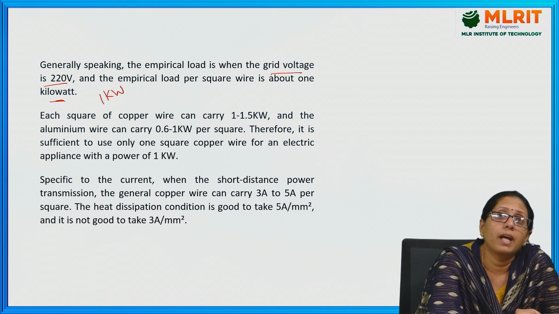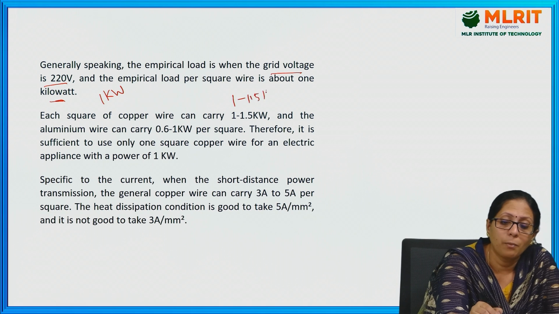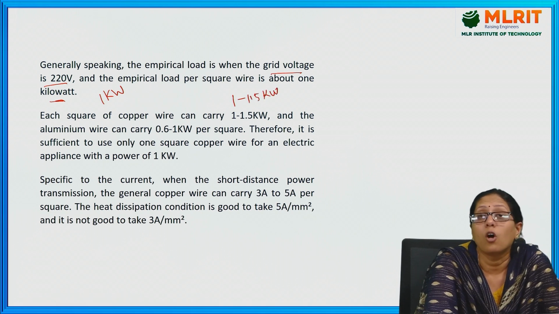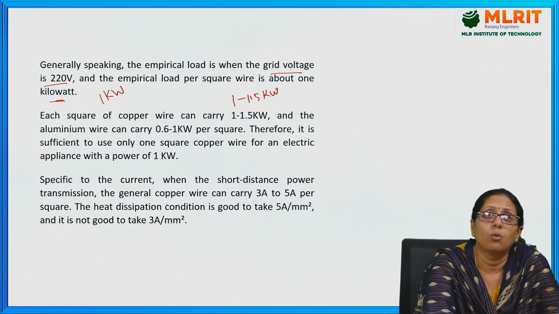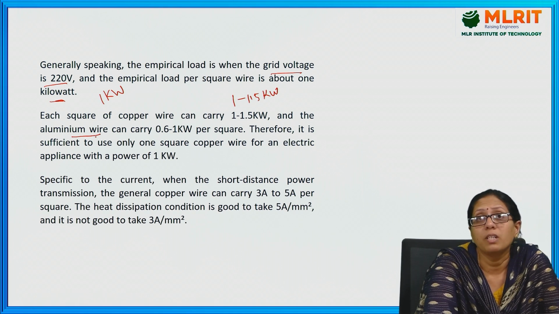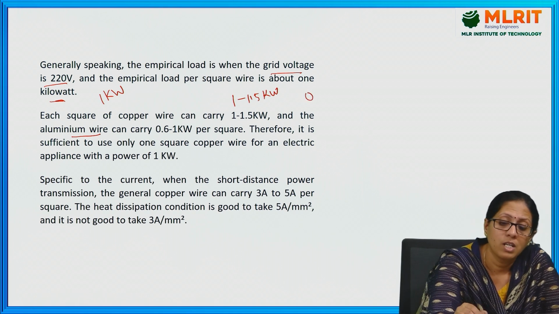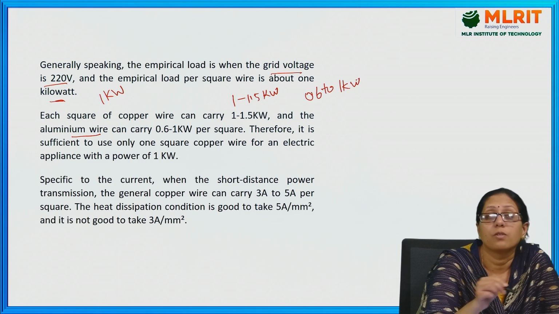Each square of copper wire can carry about 1 to 1.5 kilowatts, and aluminium wire can carry about 0.6 to 1 kilowatt.